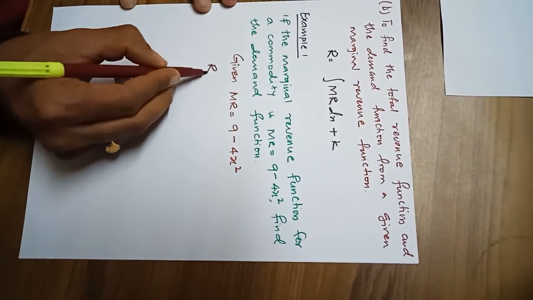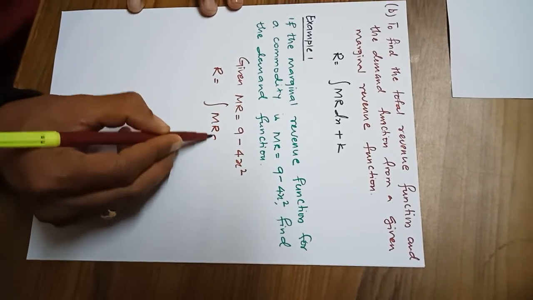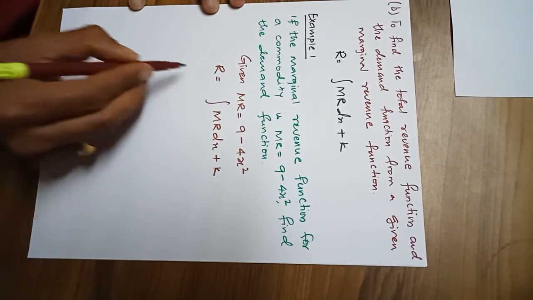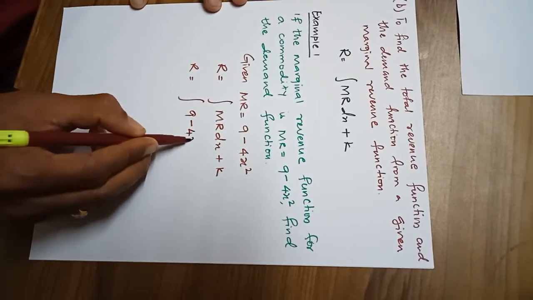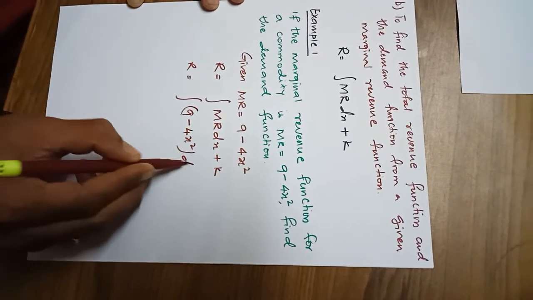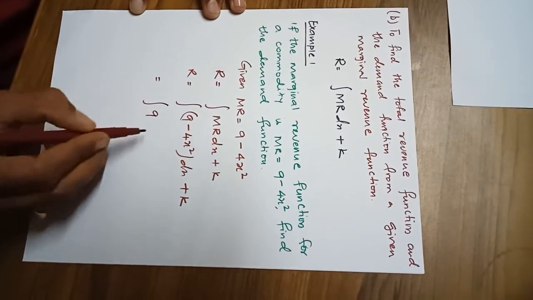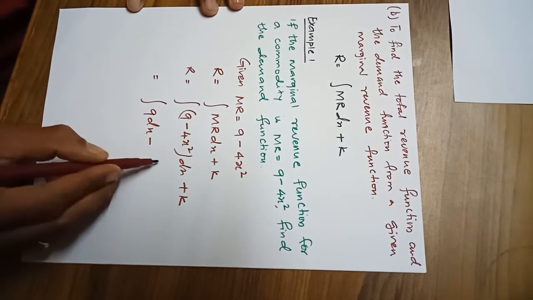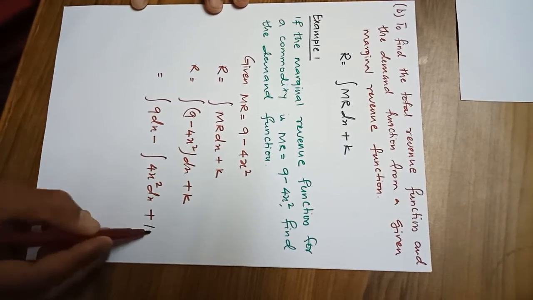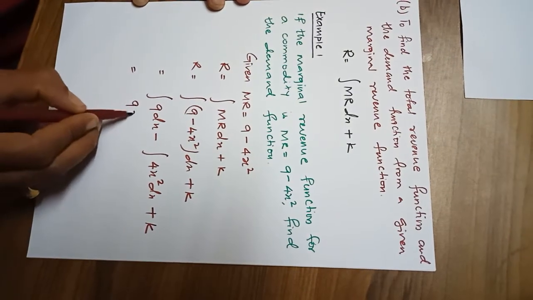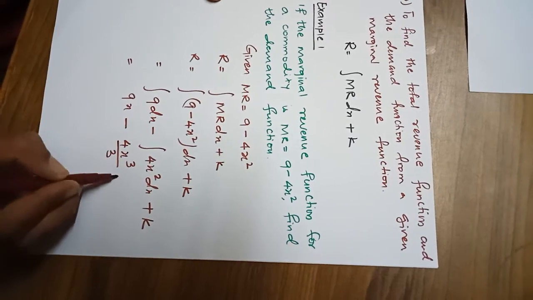Now you can find R. R is equal to the integration of MR dx plus K. So R is equal to the integration of (9 minus 4x squared) dx plus K, which is equal to the integration of 9 dx minus the integration of 4x squared dx plus k. So it is going to become 9x minus 4x cubed divided by 3 plus k.